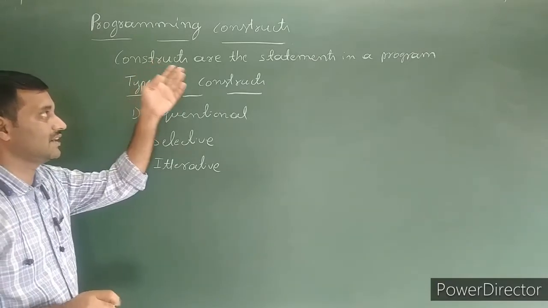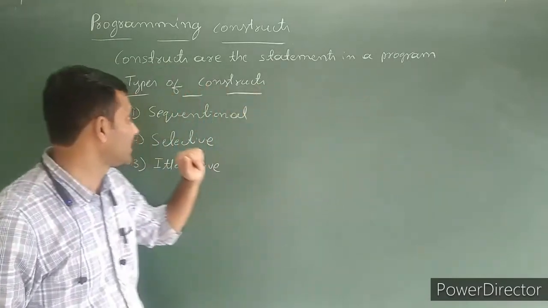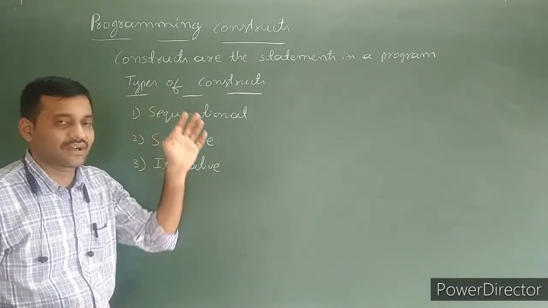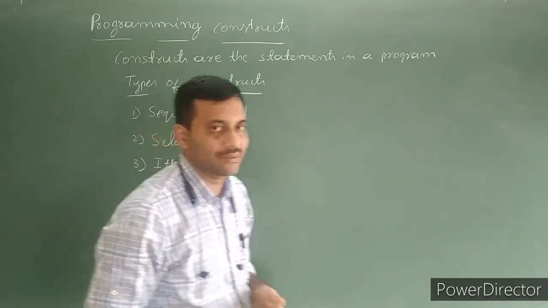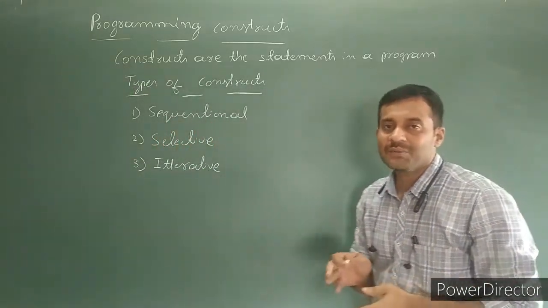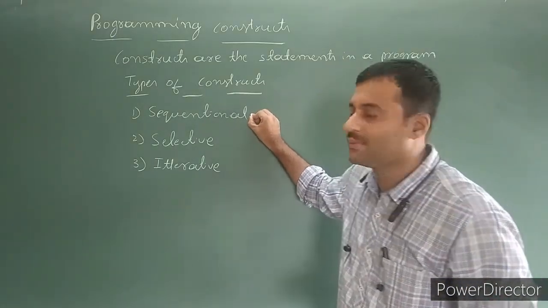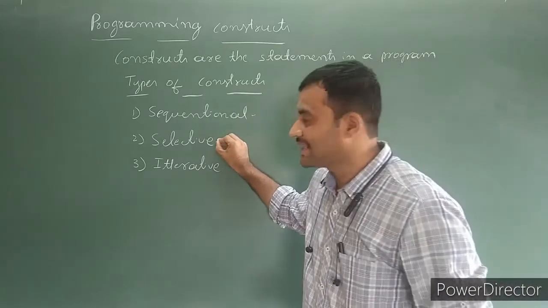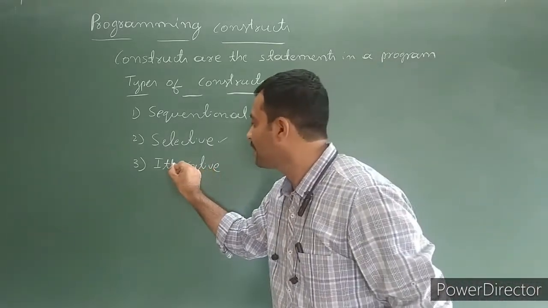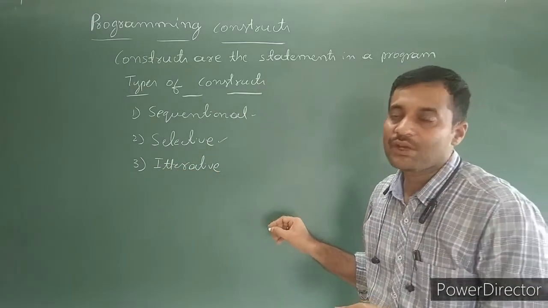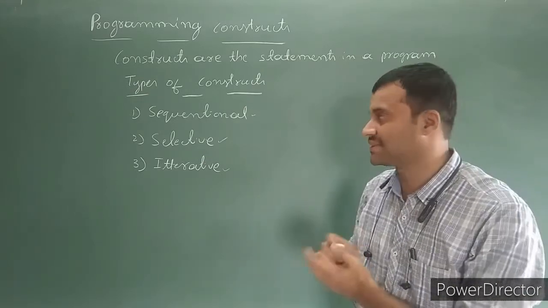So constructs are the statements in a program, also called the basic building blocks of the program. The first one is the sequential programming construct, the second is the selective programming construct, and the third is the iterative or repetitive programming construct. These are the three basic programming constructs.